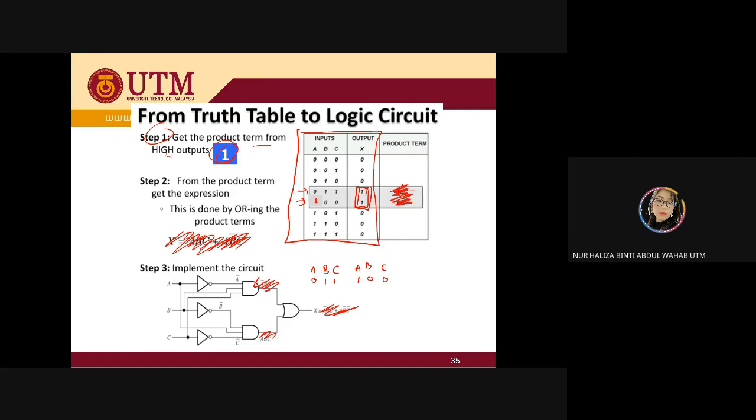This means you have A bar, because this is the value of 0. Normally, A is referred to 1, A bar is referred to 0. Normally, if you want to convert the value from the truth table to your Boolean expression, if you have 1 at your input B, it is referred to B, and this one will be C, and this is all dot, dot, dot.